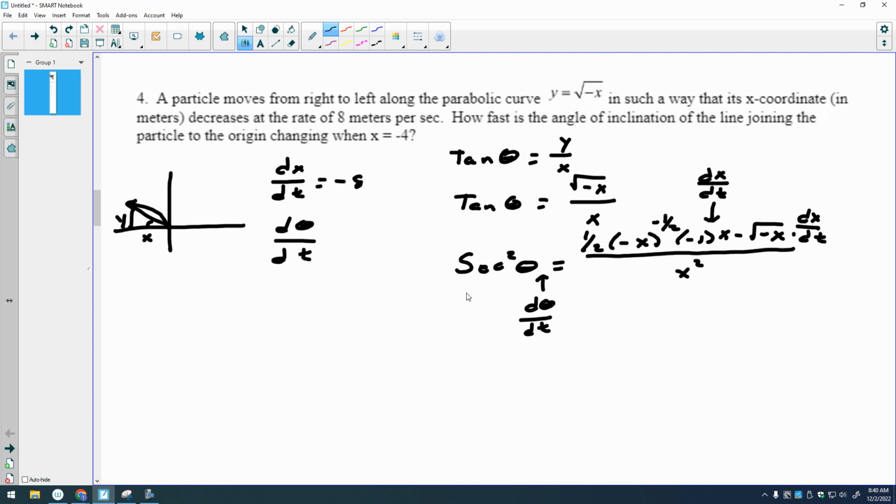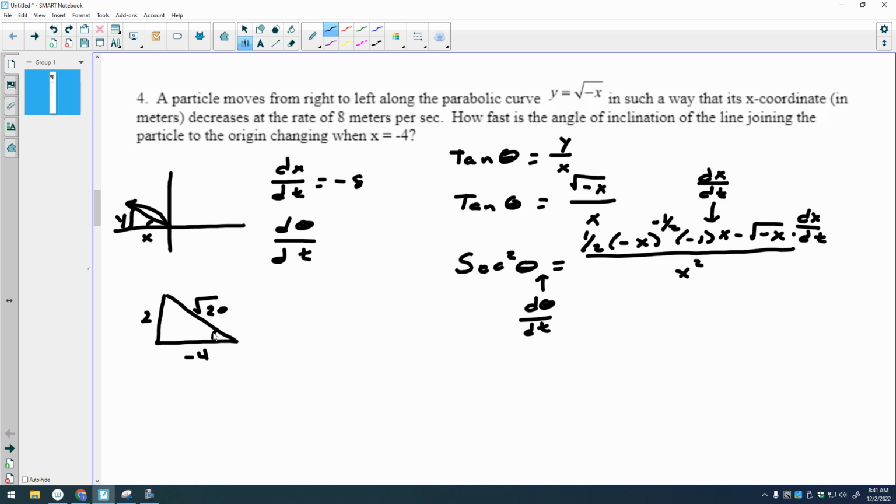Okay, now plug in what I know, and let's simplify this thing. So let's look back at my picture. I'm going to draw a little bigger triangle. So there's my triangle. The moment when x equals negative 4, so this is negative 4 right here, and y equals the square root of negative x, and y is the square root of 4, which is 2, and if Pythagorean theorem holds true, then this should be the square root of 20.